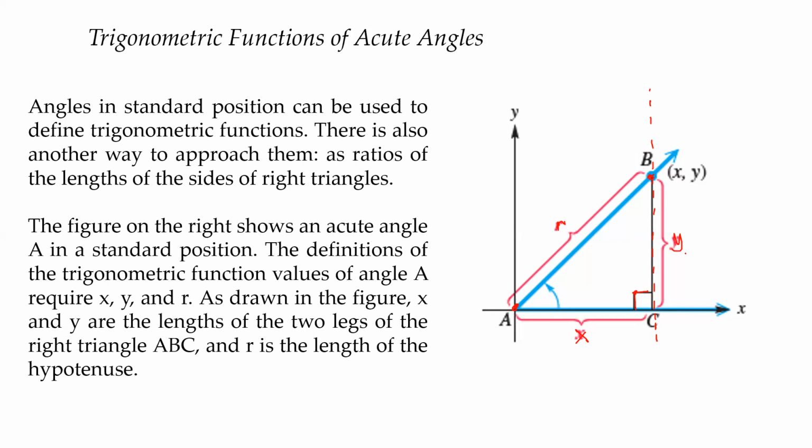This side here is y, the lower side of the triangle that lies on the x-axis we call x, and the hypotenuse of our triangle we call r. The figure on the right shows an acute angle A in standard position. The definitions of trigonometric function values of A require x, y, and r. As drawn in the figure, x and y are the lengths of the two legs of the right triangle, and r is the length of the hypotenuse, which I said a while ago.